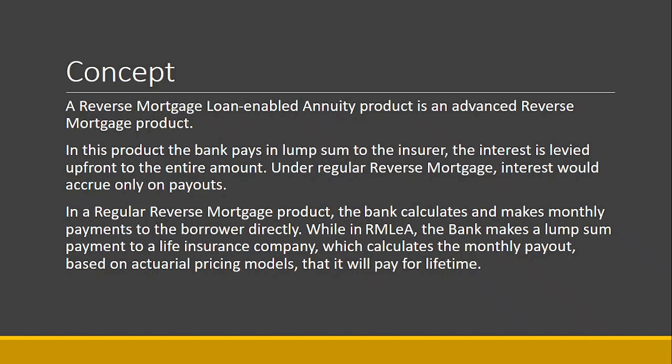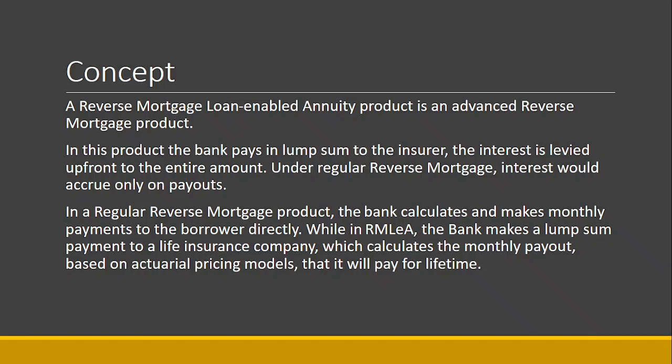But in a regular, normal reverse mortgage case, the bank is paying you in installments, so they have not paid you the total amount in lump sum, and they'll charge you only on your outstanding value. So the interest obligation is going to be less in the conventional reverse mortgage product. So this is the difference.